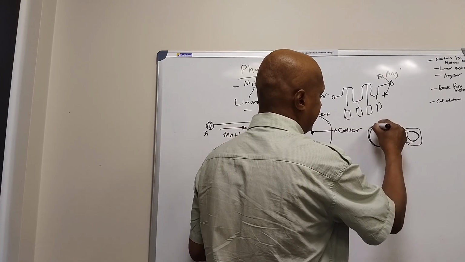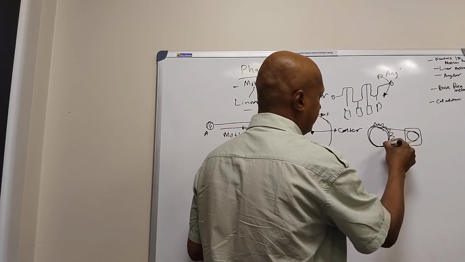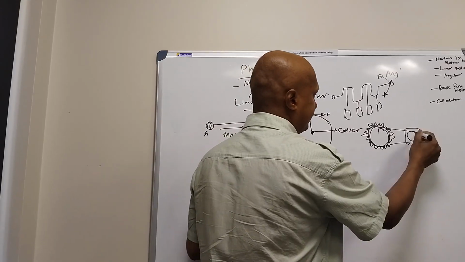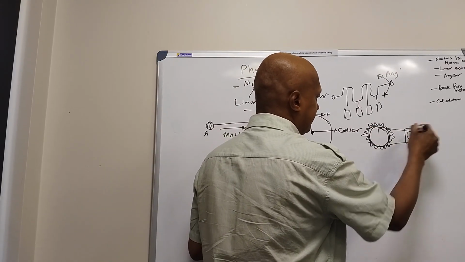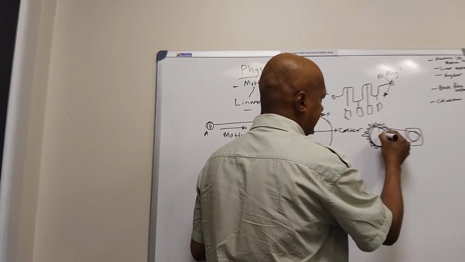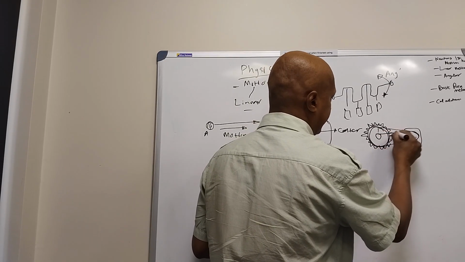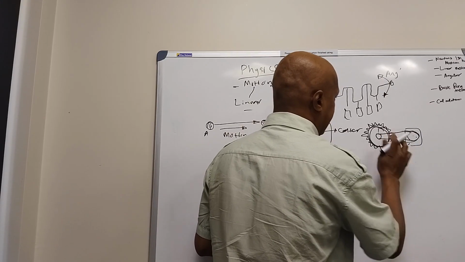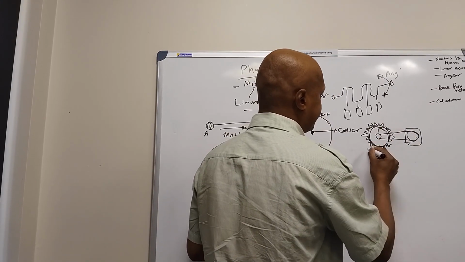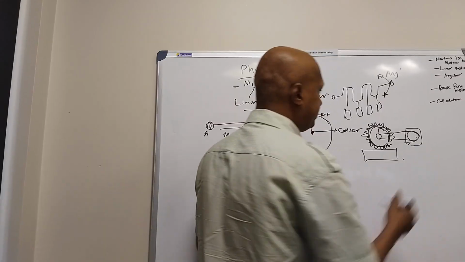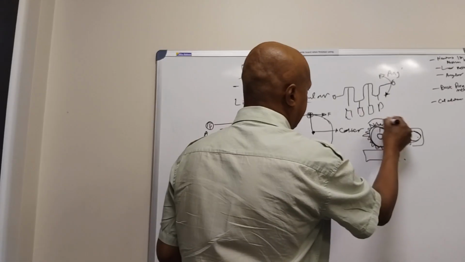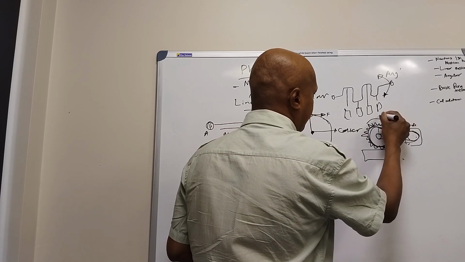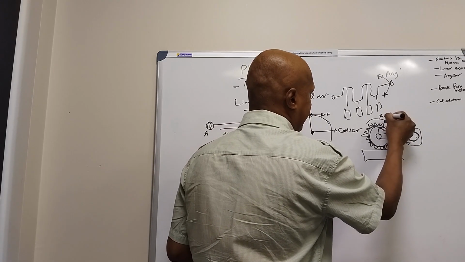Or a wood cutting saw operating from a belt drive, probably connected to the axle like that, and that's a saw, and you cut the wood. The motions there are angular motions.